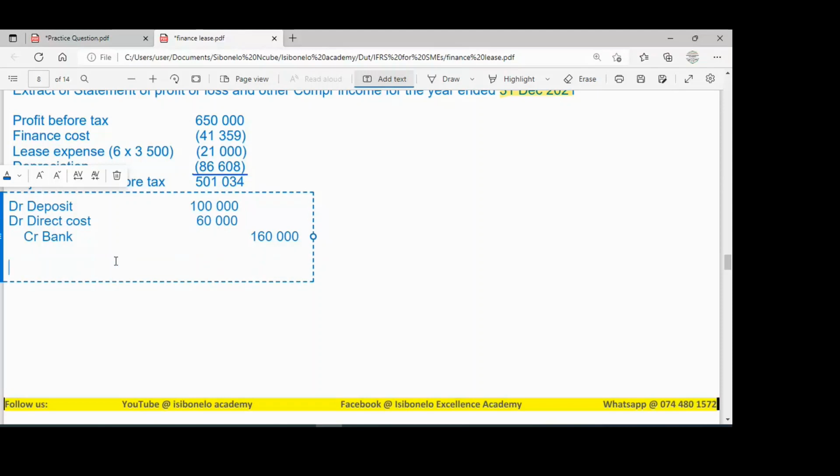Then we must recognize our assets. So the asset that we have leased, over which we have ownership for those 6 years, we will debit that asset.